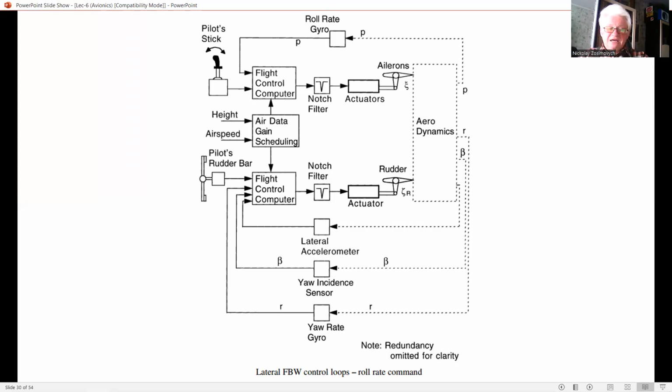It can be seen that, as in any closed-loop control system, increasing the gain exercised by the pilot at the 180 degree phase frequency will result in the loop going unstable if the loop gain reaches unity.